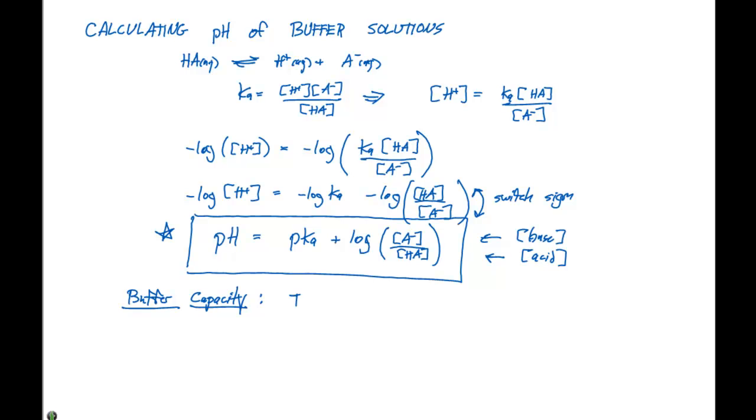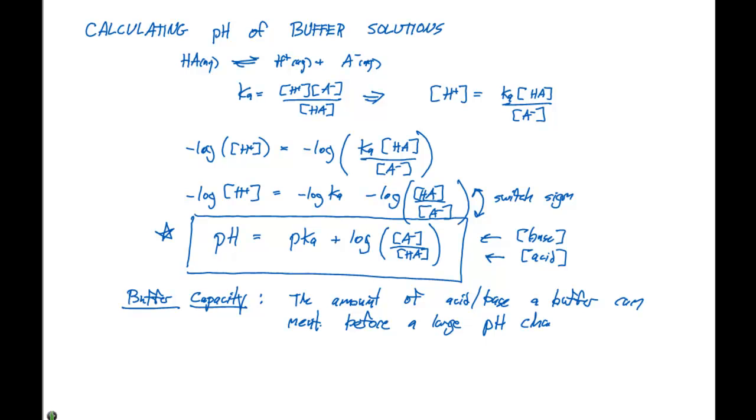The buffer capacity is the amount of acid or base a buffer can neutralize before a large pH change occurs. So buffers don't work over every pH range, but they do work over certain ranges.